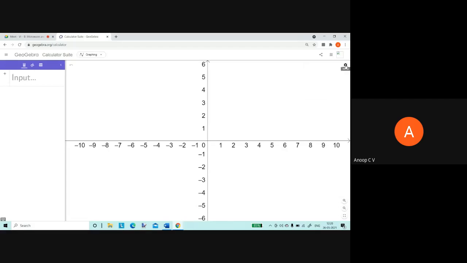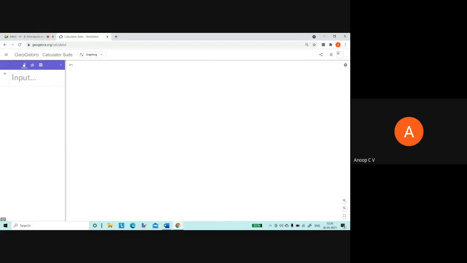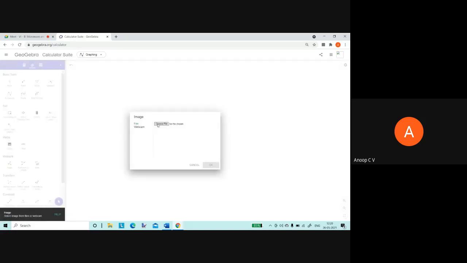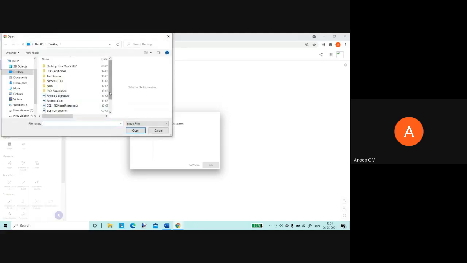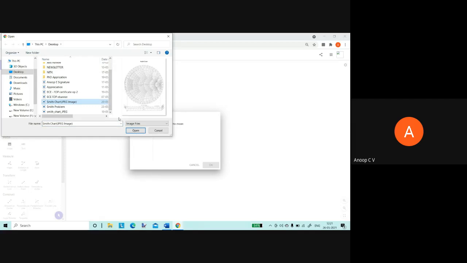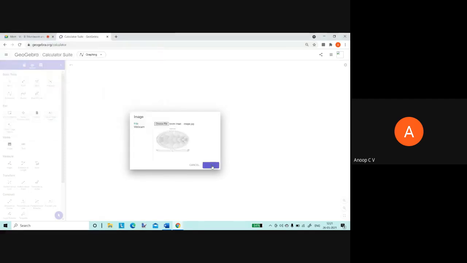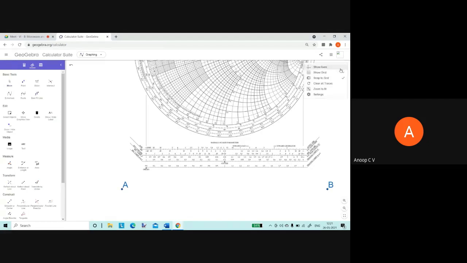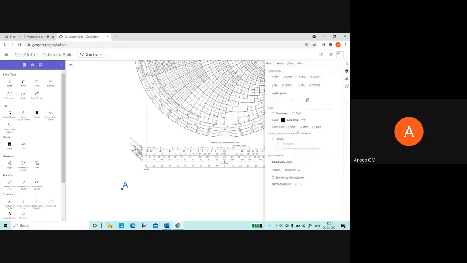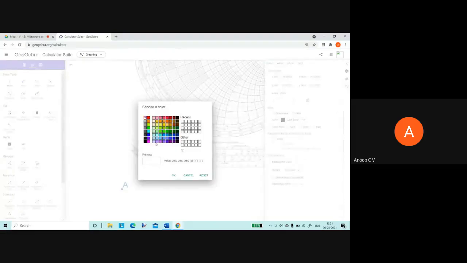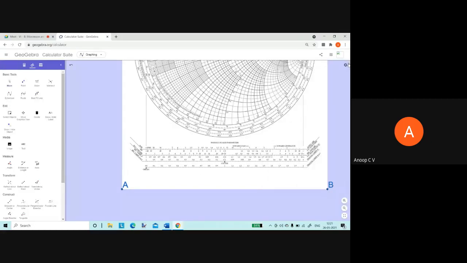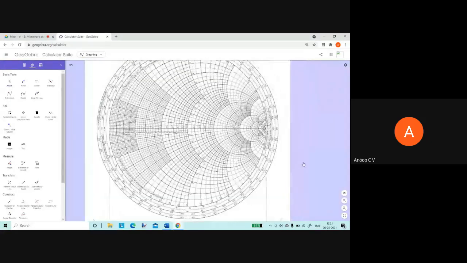I'll not show the axis. I'll import the Smith chart image, Smith chart .jpg. Maybe it's better to change the background color so that I'm able to differentiate between the Smith chart and the other one. Right, so now we have it.